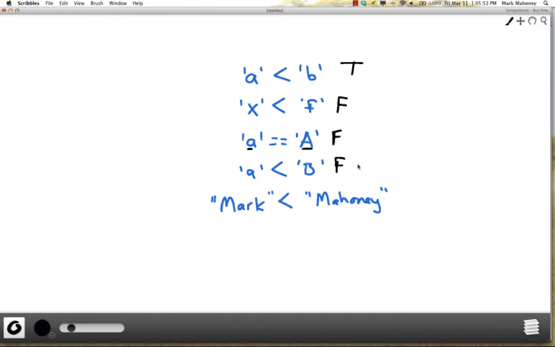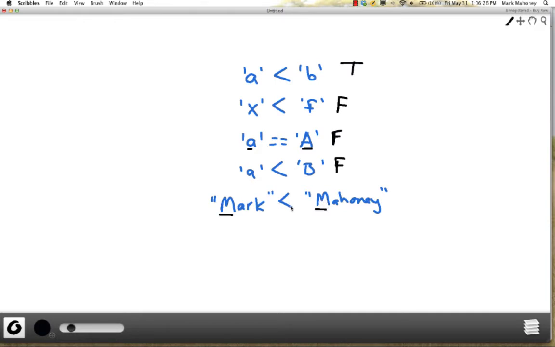Now, with strings, basically the same rules apply, because a string is just a collection of characters. However, when you compare strings, you're doing a letter-by-letter comparison. So you can ask the program, is the string Mark less than the string Mahoney? The computer goes character by character: is uppercase M less than uppercase M?